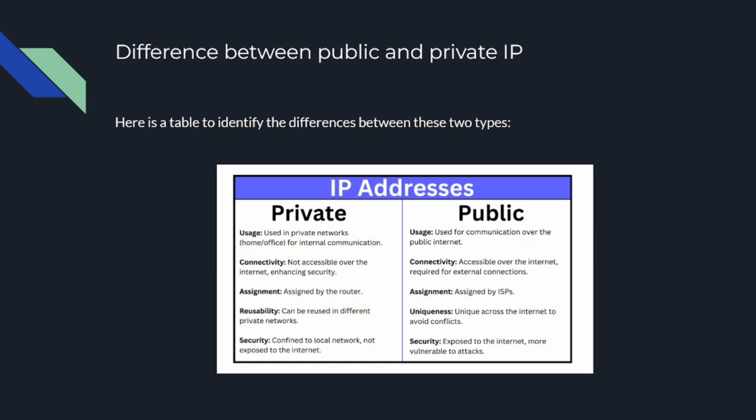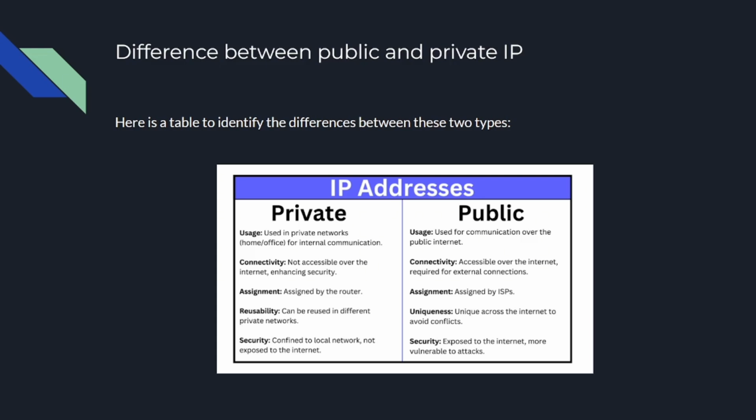Second, connectivity. The private IP address in a LAN network is not accessible from the internet, so we get more security, as foreign threats cannot reach our devices in a LAN. And the public IP is exposed to the internet, so foreign threats can easily access our devices.